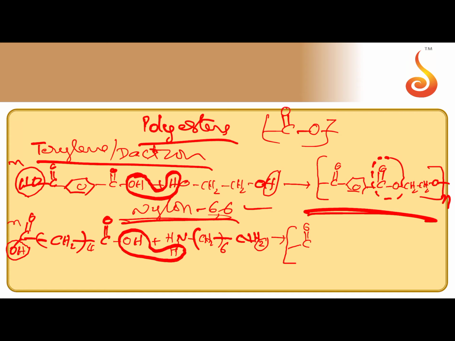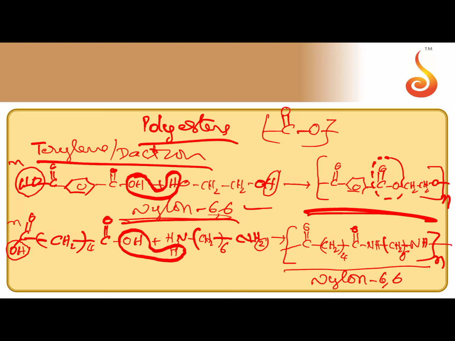Then this is the continuation: CH2 taken 4 times, CO, attached to NH of the next monomer, NH, CH2 taken 6, NH dash. So this is the repeating unit, repeated n times. This polymer is called nylon 6,6 because in each monomer we have 6 carbons.